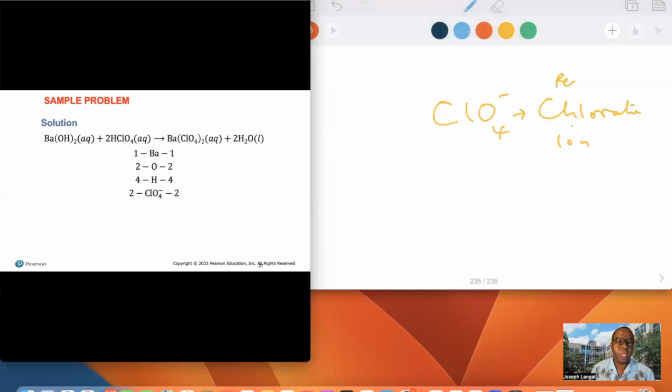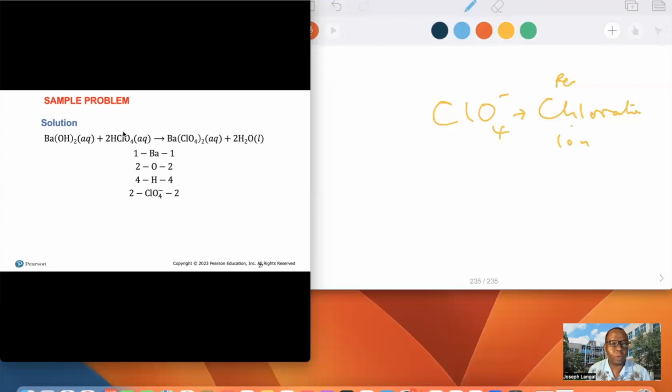So here, if you look at this one, barium, this 2 applies to hydrogen, and this applies to the perchlorate ion here. So 2 perchlorate and 2 perchlorate. If you look at hydrogen, there are 2 hydrogens, 1 hydrogen times 2, so 2 plus 2 is 4.